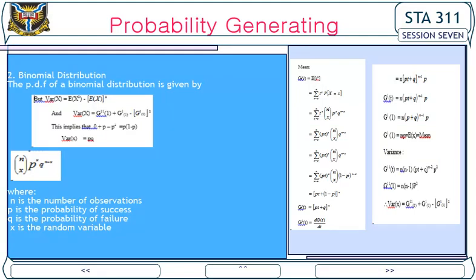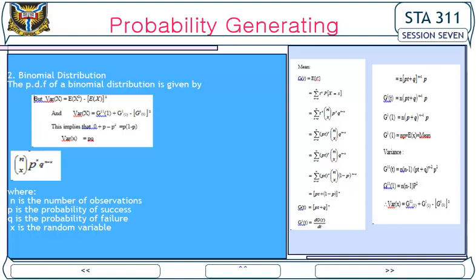2. Binomial distribution. The PDF of a binomial distribution is given by, where n is the number of observations, p is the probability of success, q is the probability of failure, and X is the random variable.